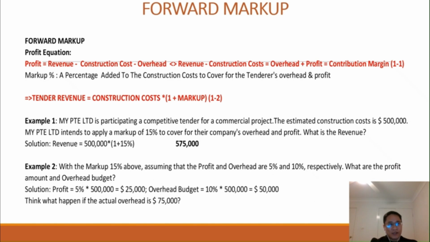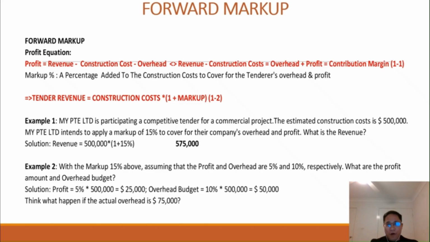That's the profit is equal to revenue minus construction cost minus overhead, in which profit is very straightforward, and revenue is our tender value, and construction cost is our direct and indirect cost for the construction of works, like material, equipment, labor, and indirect cost for the construction like project manager.